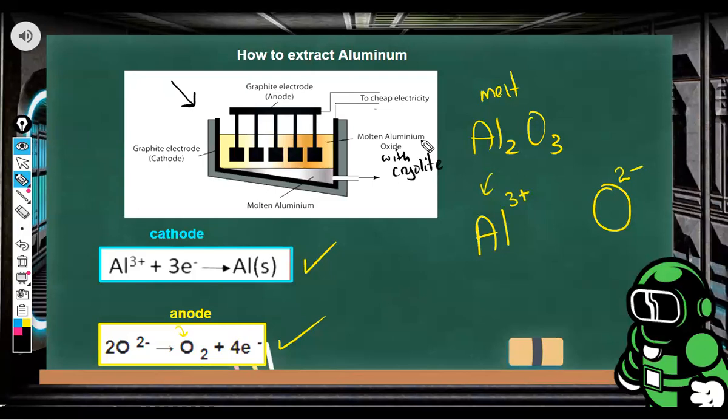It doesn't get discharged at the anode or the cathode. The cryolite is just there for two main purposes: to lower the melting point and to make everything a better overall conductor. Right, so I think I should give you 5 minutes for this one because you have to draw that diagram.